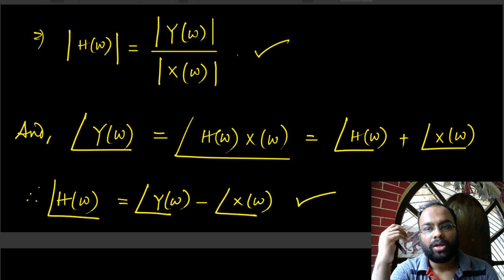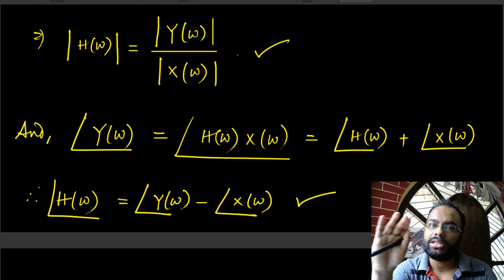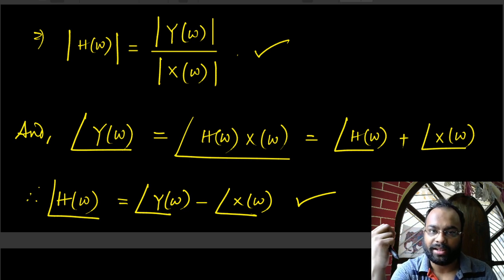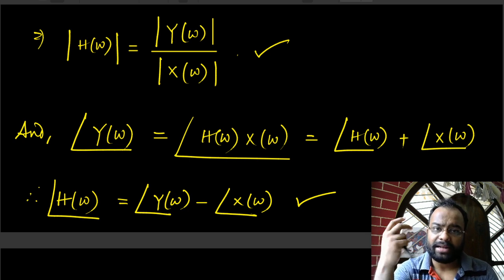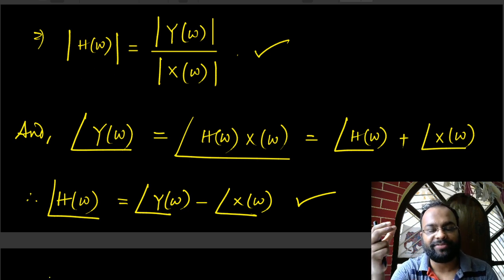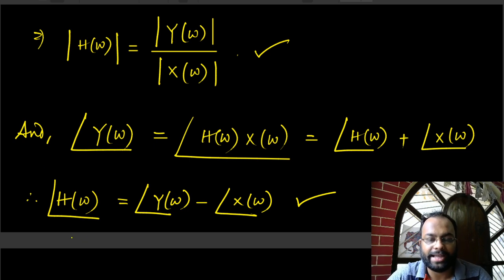So the output is also sinusoidal, and the only difference will be in the amplitude and the phase angle. The ratio of the amplitudes of the output to the input is determined by the amplitude of H(ω), and the phase difference between the input and the output is determined by the angle of H(ω).